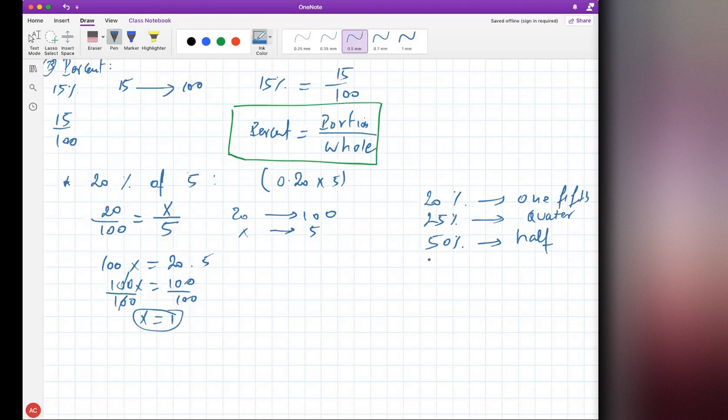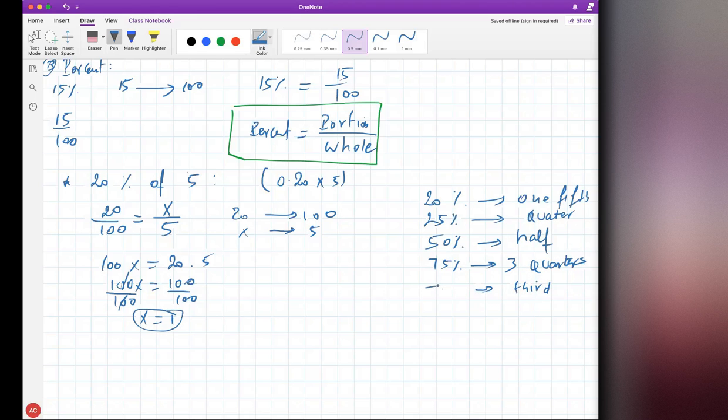25% is a quarter. What about 75%? A third? No. It's 3 quarters. 3/4. A third is what? What is the percentage of 1/3?